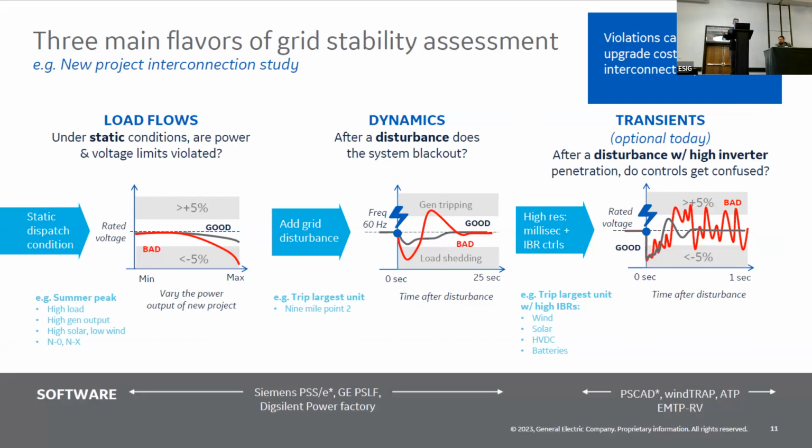Those are all different types. They all require different models. On the load flow, it tends to be more the PSS/E, GE PSLF. And then on the others, it's more the PSCAD and some of the other more detailed transient models.